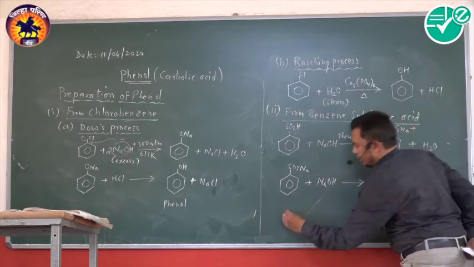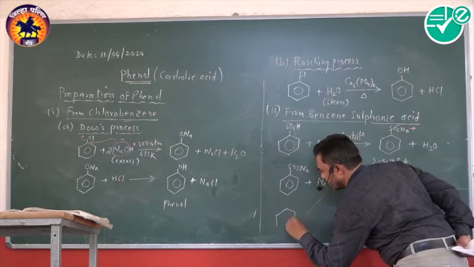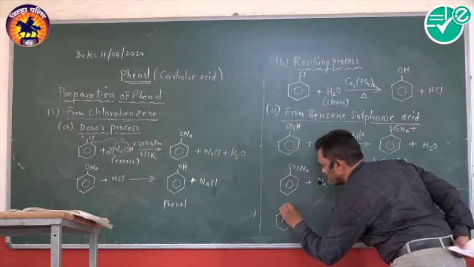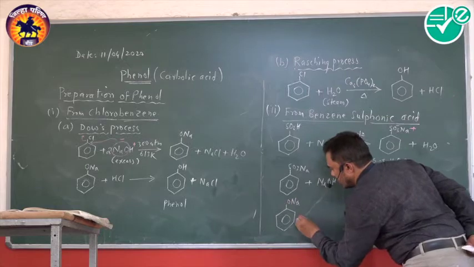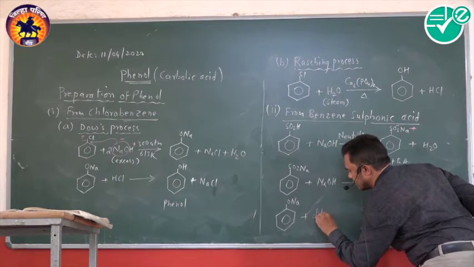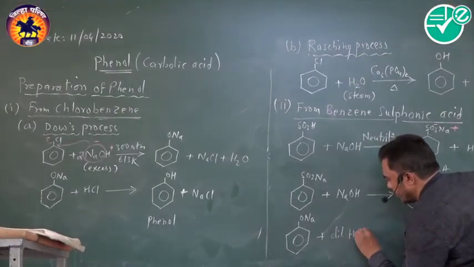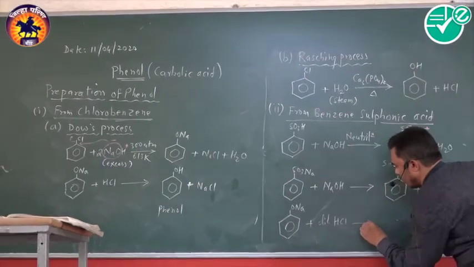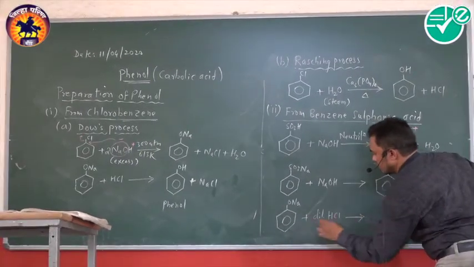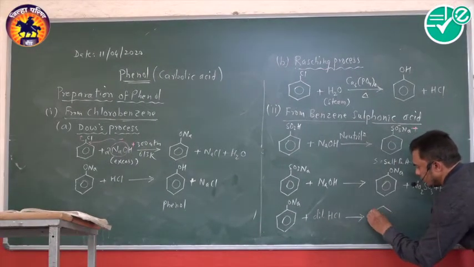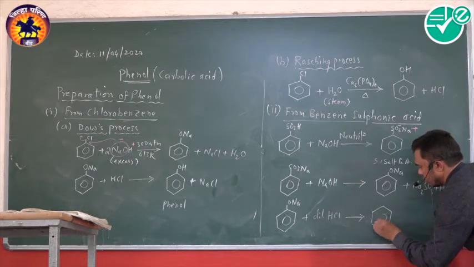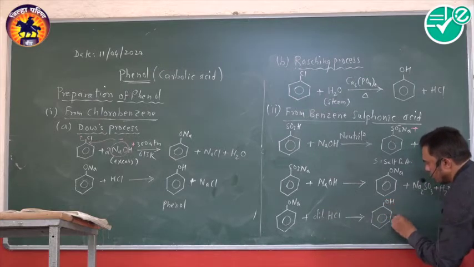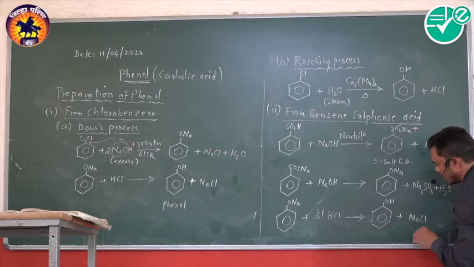In the third step, sodium phenoxide undergoes hydrolysis, either with the help of HCl or H2SO4. It's going to form phenol plus NaCl.